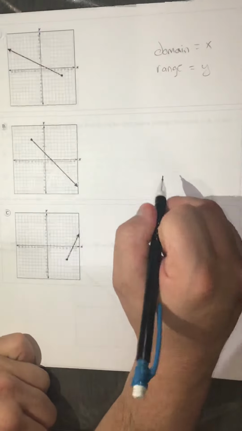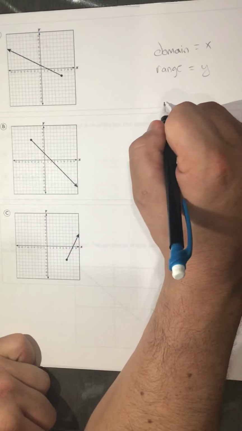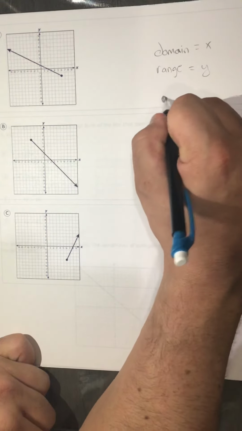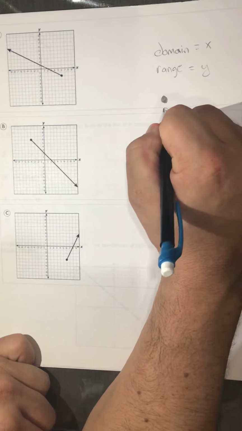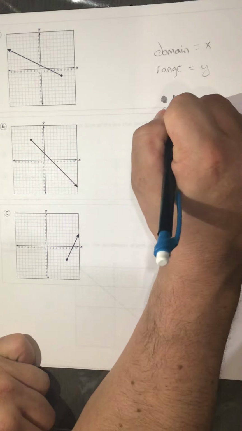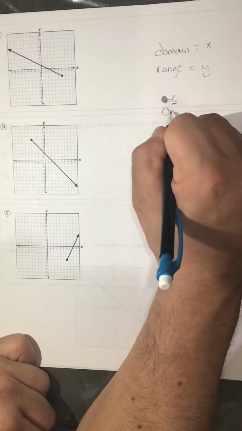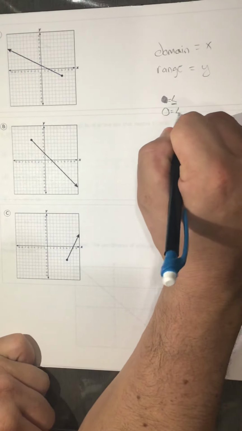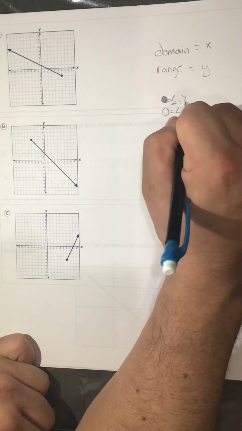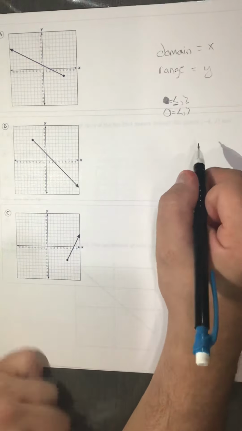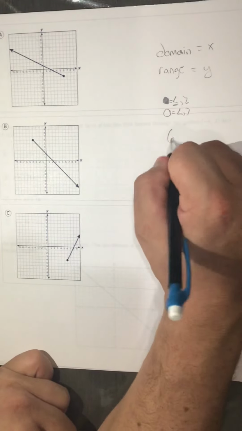When I'm working with my graphs, I know that I have my dots. I have a dot filled in, and then I have options of dots not filled in. Remember that a dot filled in is always going to be less than or equal to. A dot not filled in is just less than, can't be equal, okay? You're going to have to know the difference between those two. We also know that we're working with the number 6.